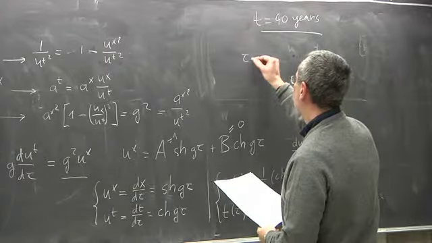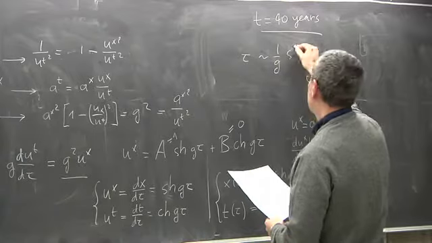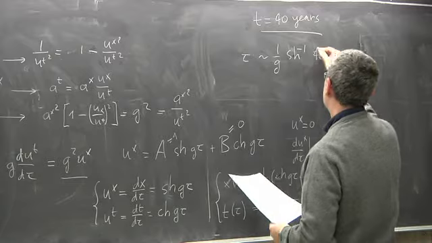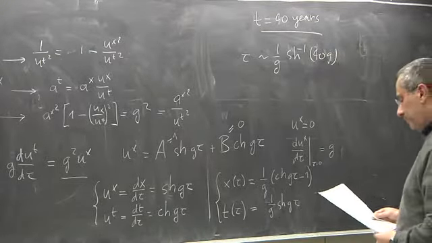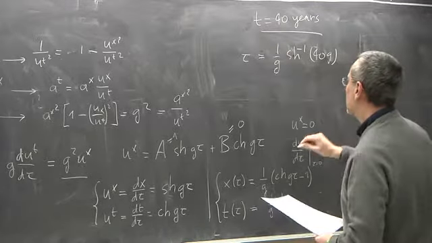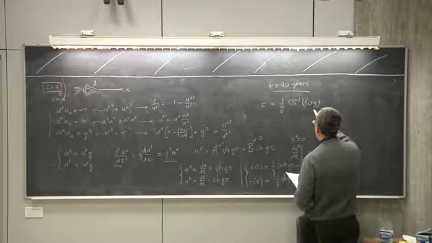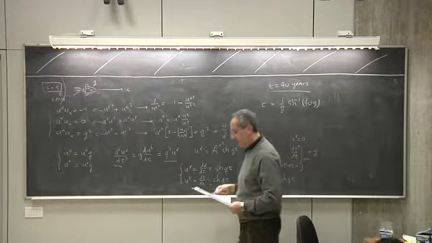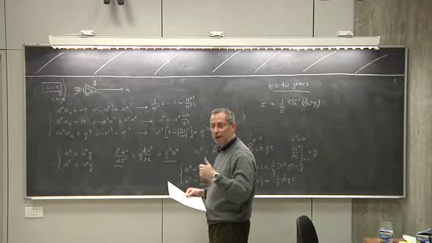So I guess tau is roughly 1 over g, the inverse hyperbolic sine of 40, because it's t times g. Now g, if you take c equal to 1, is like 1 over time.